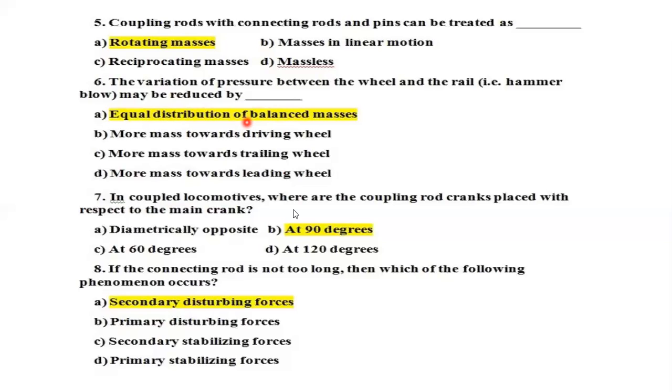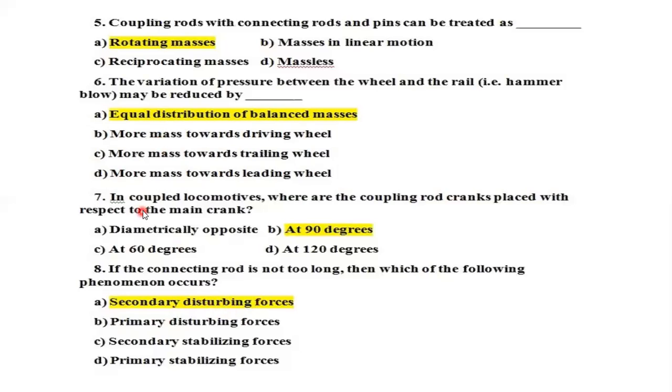The next question is, when the connecting rod is not too long, or in other words, when the obliquity of the connecting rod is taken into consideration, the secondary disturbing force due to the reciprocating masses arises. So the main reason is secondary disturbing forces.